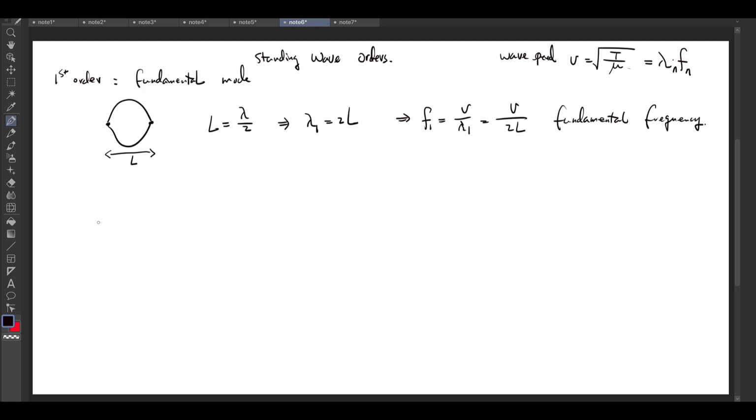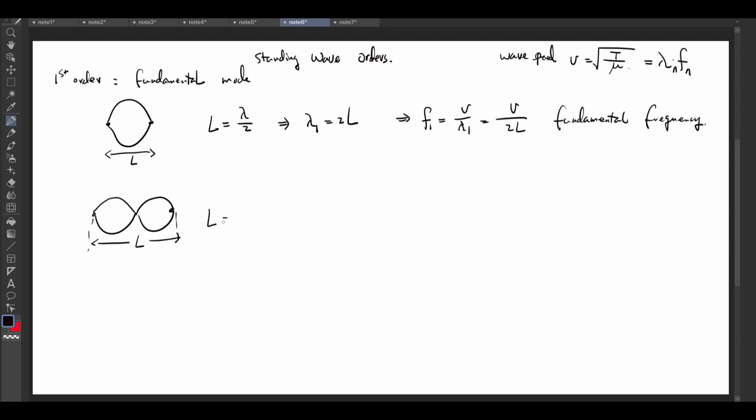Now for the second order, we should have two such structures. So the length of the string must be this length from one end to the other.